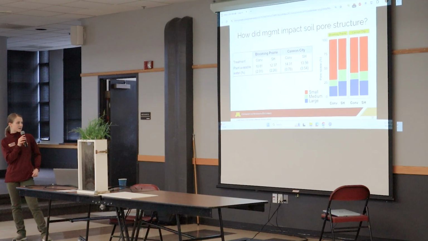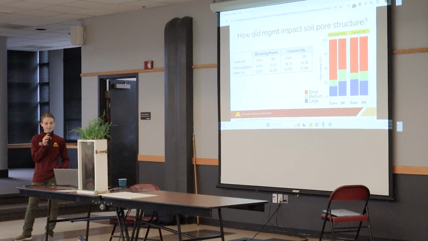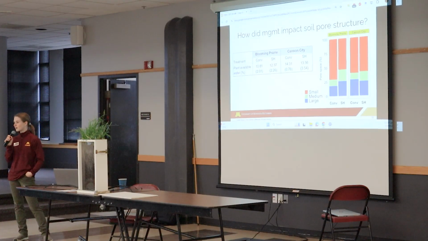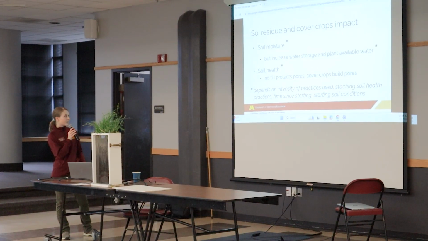Well, one of the reasons that we were thinking is because you're stacking the practices very effectively in the Blooming Prairie sites. You're doing 4 of the 5 different soil health principles, really making it work for your system for 25 plus years. Soil health practices like residue and cover crops will help increase water storage and plant available water as long as you're able to stack those practices effectively.